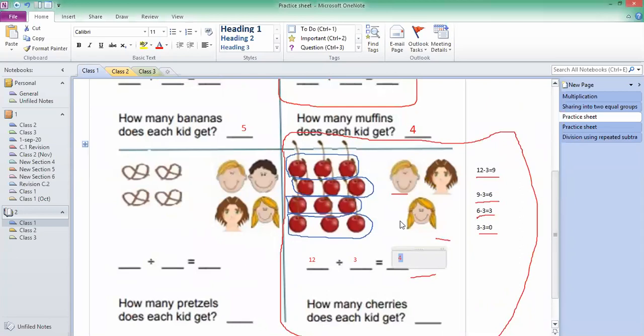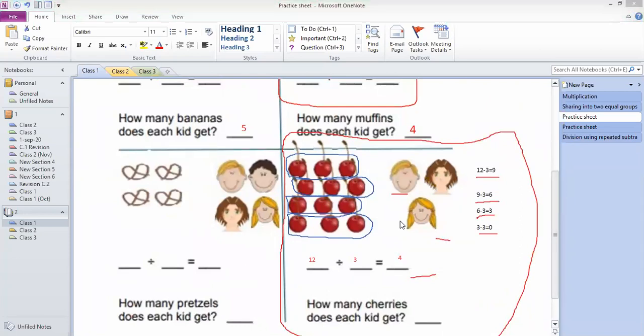Is there any problem, guys, in the repeated subtraction method? Okay, I am receiving your messages in the chat box. If you have any question, send a message in the chat box. I will open your mic, take your question and answer you.